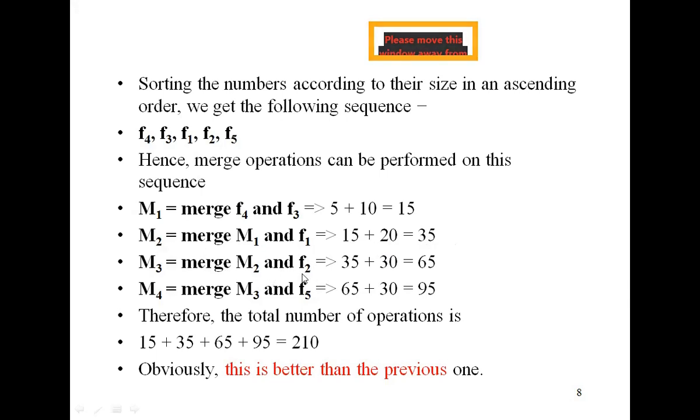Next is F2, after F1. So now we are merging M2 and F2. You will get 35 plus 30, that is 65. Okay. Now you got M3 after merging.